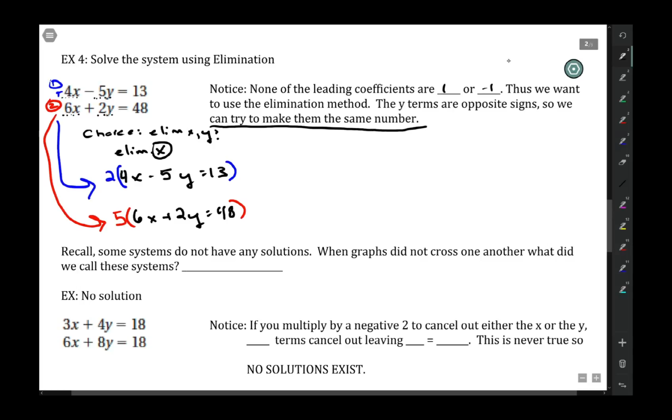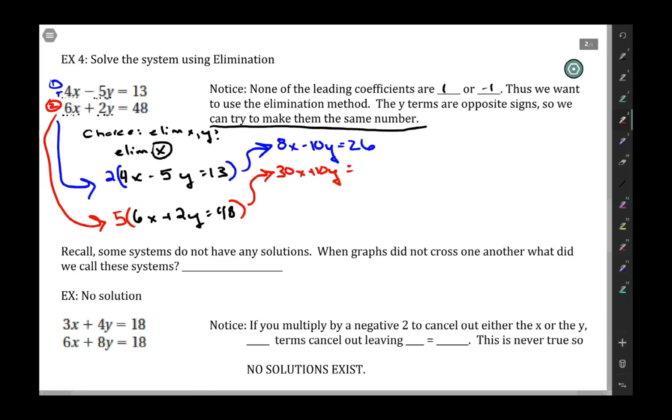What that leaves me with is 8x minus 10y equals 26. And red becomes 30x plus 10y equals 5 times 48.